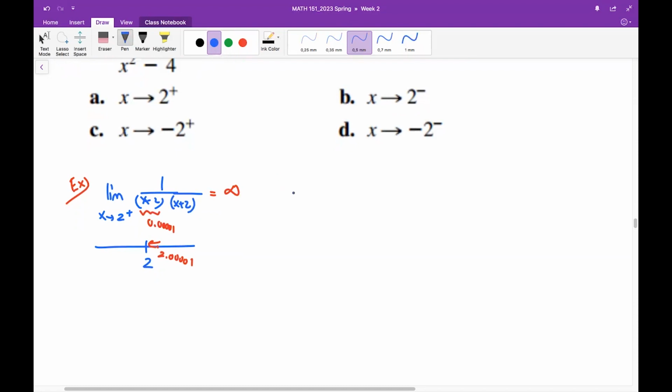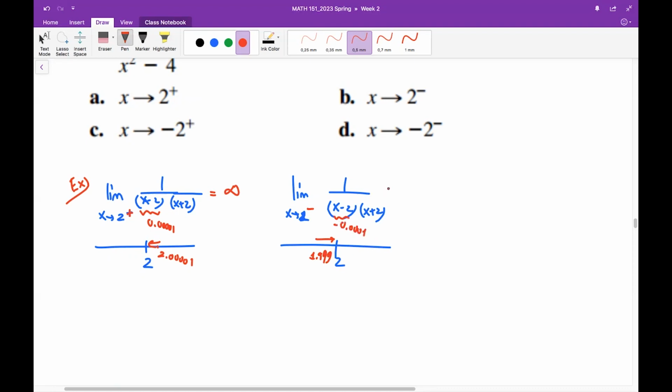And the other one, the limit of 1 over x minus 2 as x goes to 2, this time from the left. So what is happening here from the left? You're approaching from this direction, so you insert 1.999, this kind of numbers. If you subtract 2 from this number, you obtain minus 0.001 kind of things.